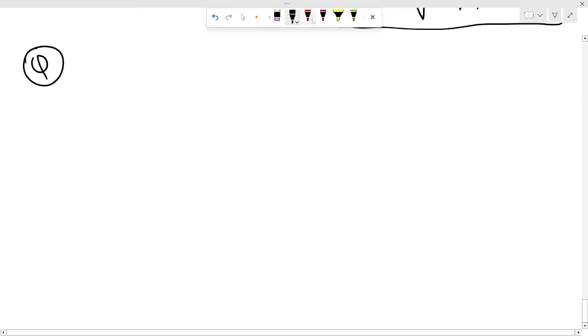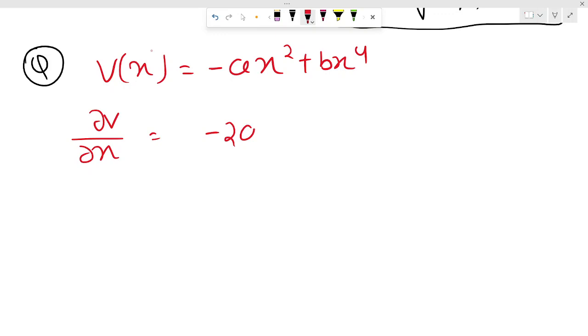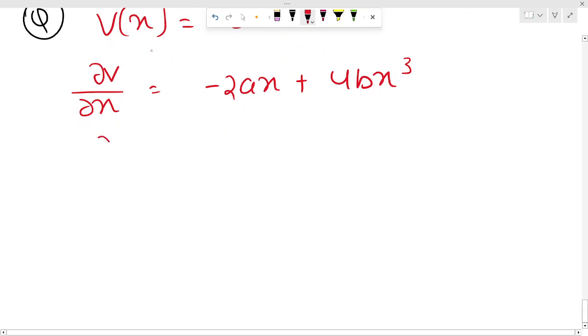We have a question like this. We have potential V(x) as minus ax square plus bx to the power 4, okay? So first of all, calculate del V upon del x. So it will become minus 2ax plus 4bx cube, isn't it? Yes. Give it equal to your 0.